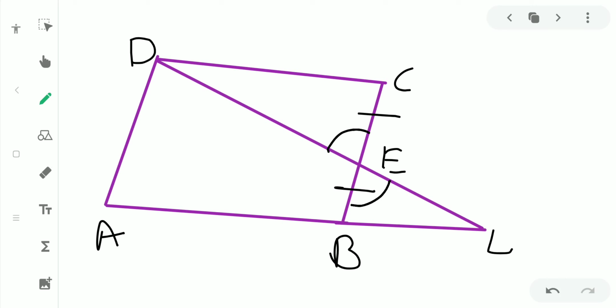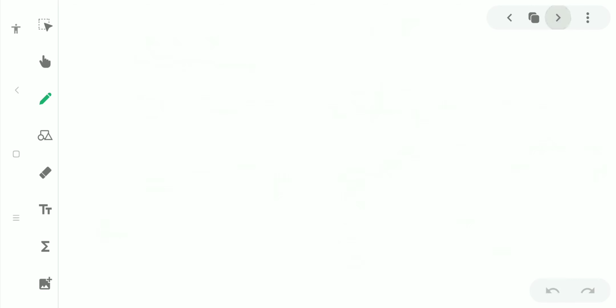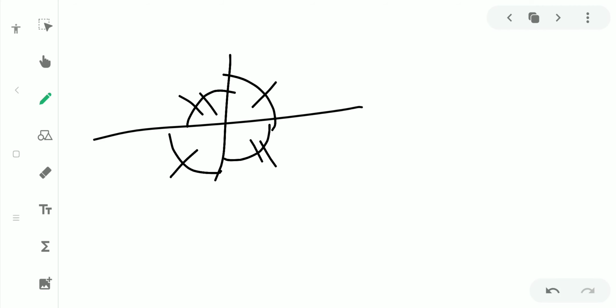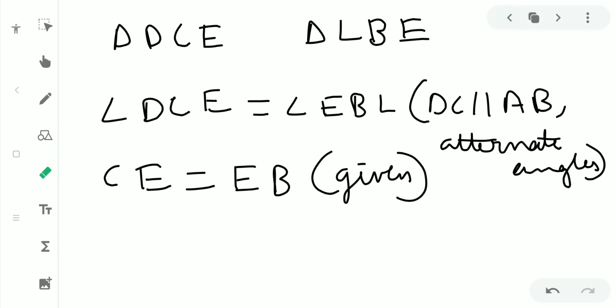As I have said in the previous video, those will be vertically opposite angles. When a plus is drawn like this, you know the angle sum of a circle is 360 degrees. So we can draw a 360 degree circle here, and this angle sum will be 180 degrees, and we'll have this angle and this angle equal, and this angle and this angle equal. So that is vertically opposite angles.